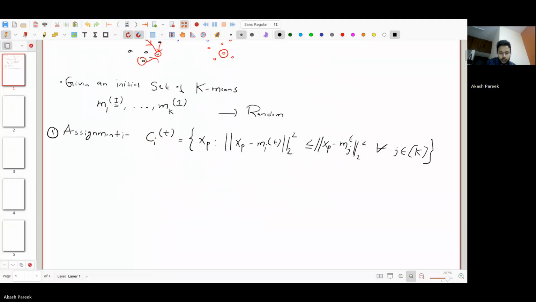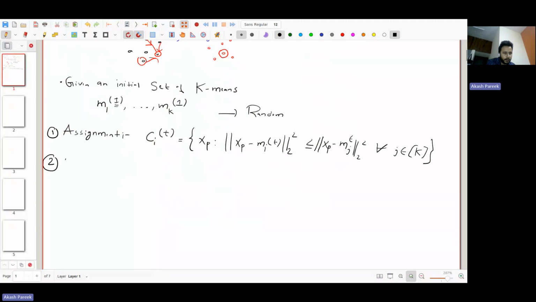Okay. So you find an i for which this quantity is minimized, then this x_p would belong to that cluster. You do this for all clusters, and once you're done, you've assigned each and every point to a specific cluster.